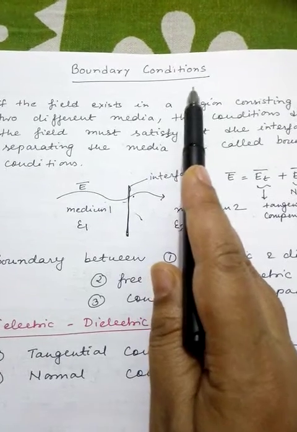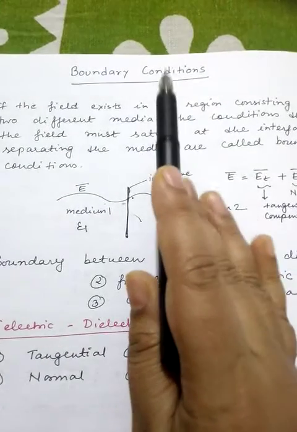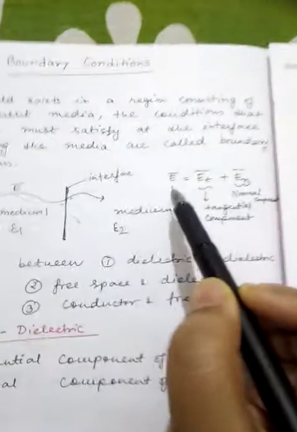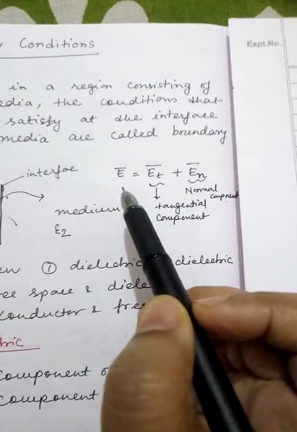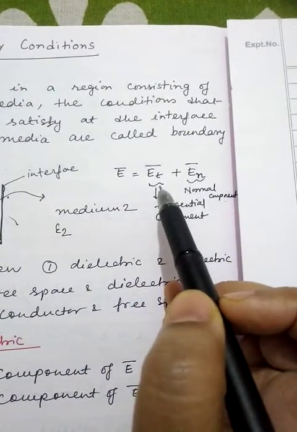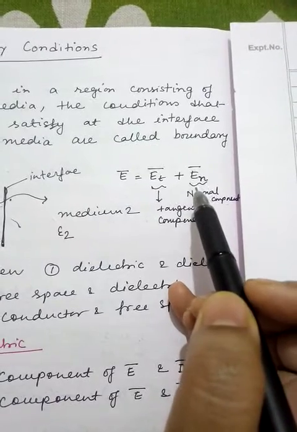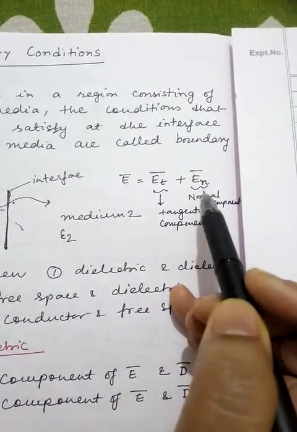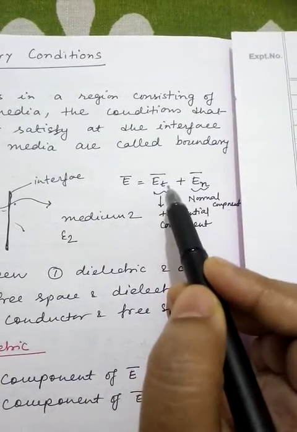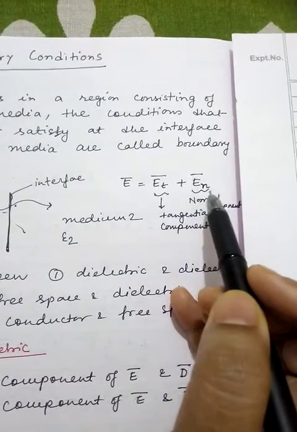Okay, so one thing we have to remember is that for the electric field, first of all we have to take its two components. One is the tangential component, another one is the normal component. We will find the expression individually, first for the tangential component and second for the normal component.